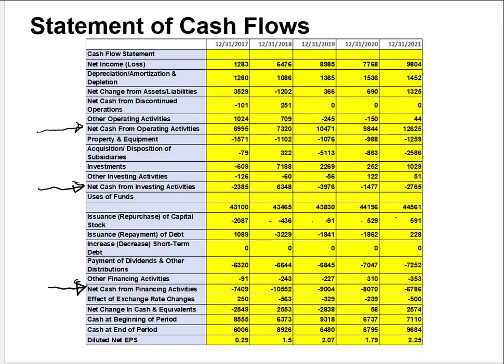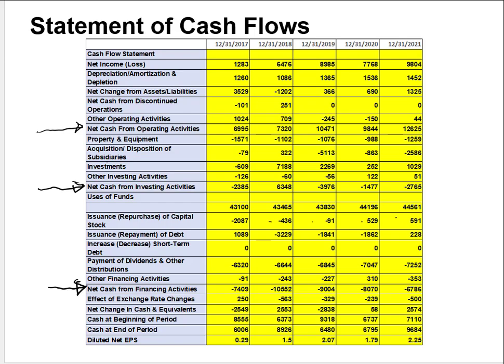And likewise, they either issued or paid debt. They issued or paid off short-term debt. They have payments of dividends and other distributions. They maybe could have put a line item here for interest, but in general, this just shows us the net cash from financing.